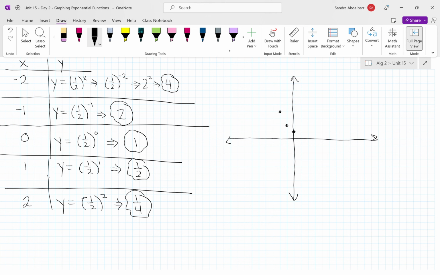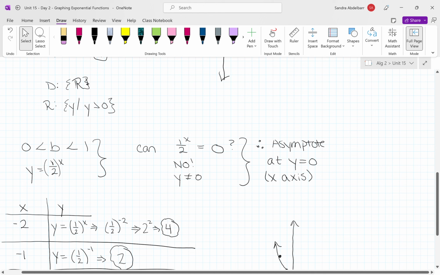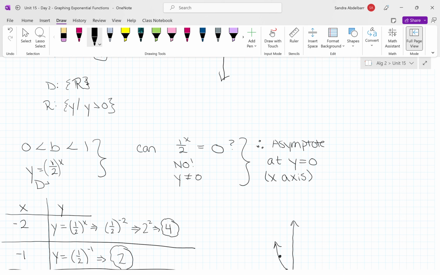And we are at 1, 1/2. And then 2, 1/4. And then don't we know that we have an asymptote on the x-axis? So it looks something like this. So now look at our function. Are we increasing or decreasing? We always read from left to right. This is decreasing. What does this tell us? It tells us if our base is between 0 and 1, we are decreasing.